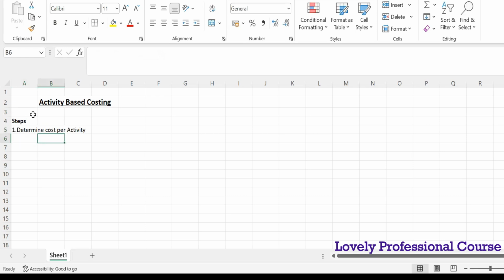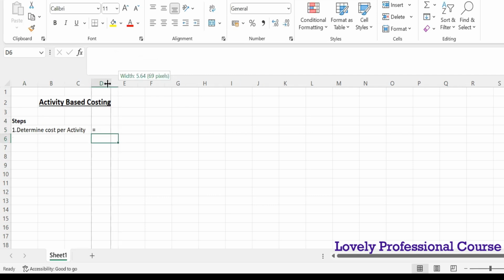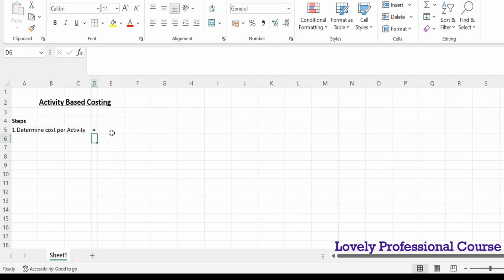How do you determine this cost per activity? The cost per activity will be equal to the total costs divided by the total number of activity.